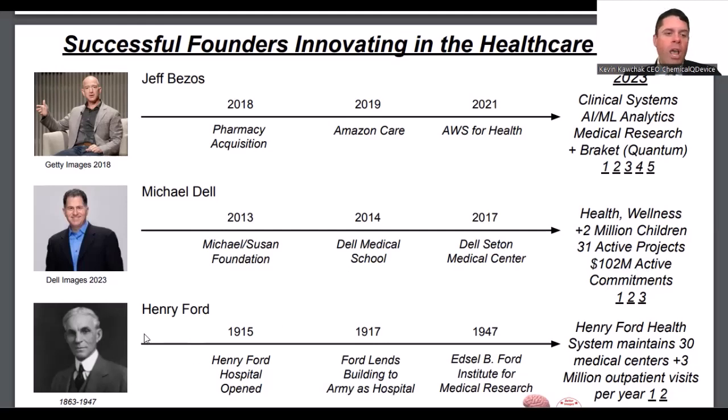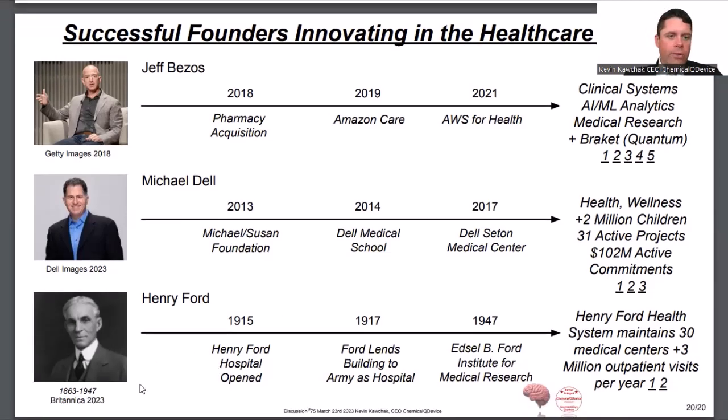And then Henry Ford. A little bit later in life, he passed away in 1947, but in 1915 the first hospital opened. A lot of this was war related, so they lent this building to the Army and used it as a hospital, so figure it was maybe not fully up and running. In 1947, the year that he passed, the Edsel Ford Institute for Medical Research.